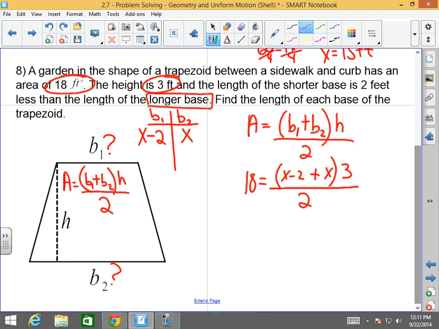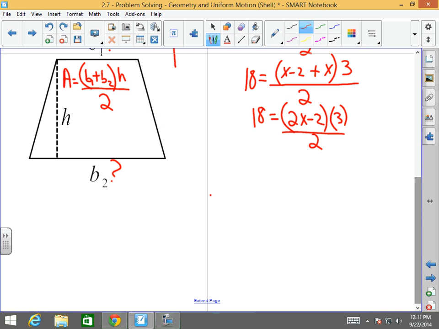So we can simplify this so that it's 18 equals 2x minus 2 in parentheses times 3 divided by 2. Now let's solve. How do I get rid of this 2 in the denominator? I multiply everything by 2.